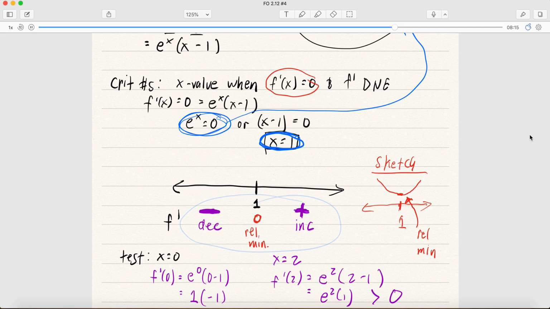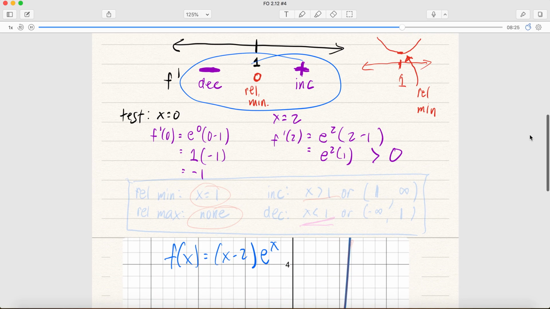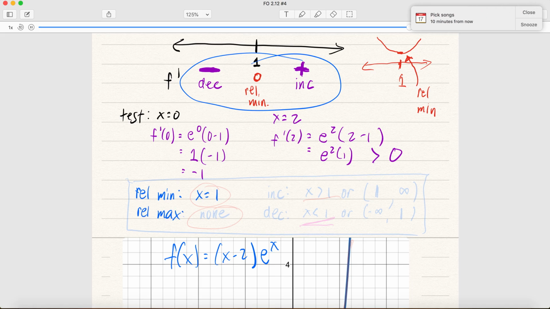Okay, so now we have all the information we need. Using that information, we can say that the function has a relative min when x is equal to 1. We know that the relative max, there's none. We know that the function is increasing for all values greater than 1.